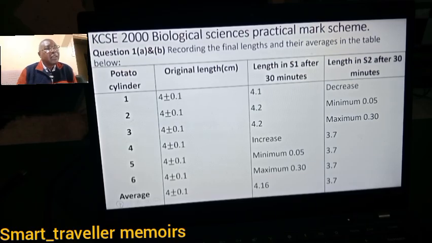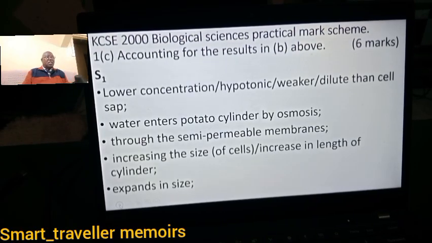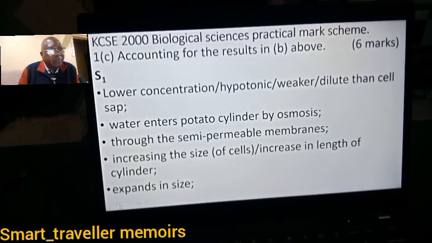Question 1c. Account for the results in B above. S1: lower concentration than cells' sap. Water enters potato cylinder by osmosis through the semi-permeable membranes, increasing the size of the cells, expanding the size of the cylinder.